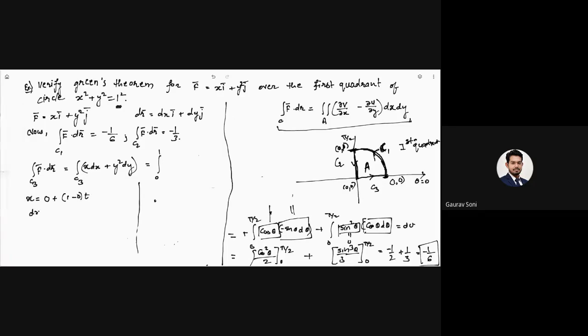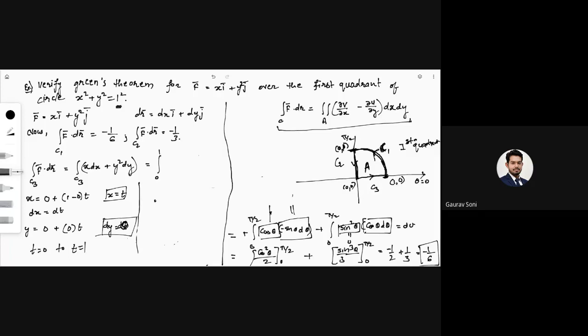So dx will become dt, and x is equal to t. y is equal to y1, which is 0, plus y2 minus y1, which is 0, so dy will also become 0. t is running from 0 to 1.